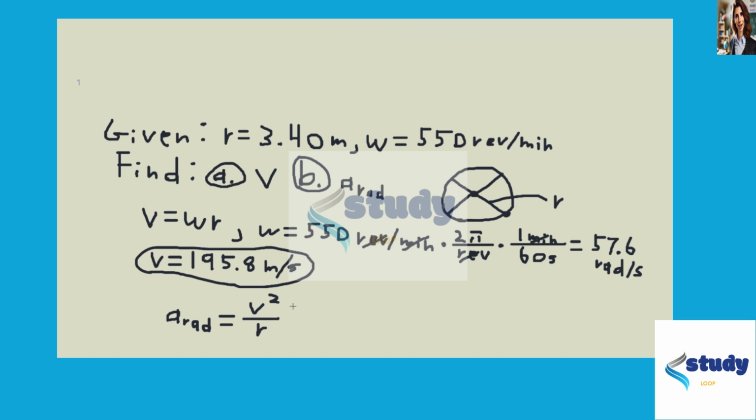So now if I plug in the value I just calculated for v, the linear velocity, and I plug in r, which is given to me, I could solve for the radial acceleration. So I plug in those values. I'm going to get 11,280. That's going to be in meters per second squared.